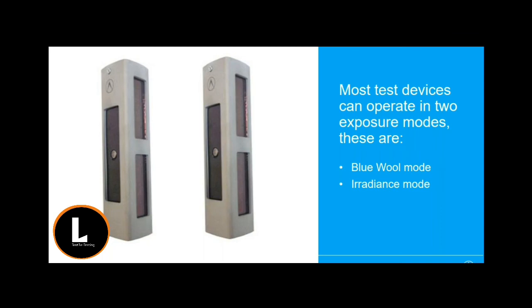Although many light fastness standards use blue wools as a means of grading the amount of fade, defining the level of irradiance is now becoming a lot more popular. This can be done in controlled irradiance mode, and it keeps the light output constant by measuring it and adjusting it as required.